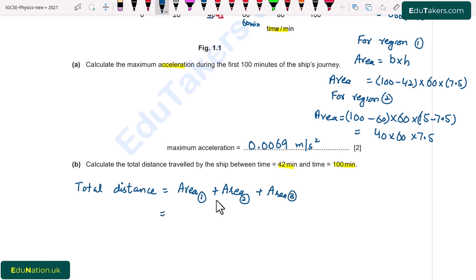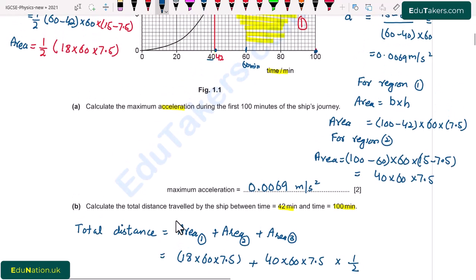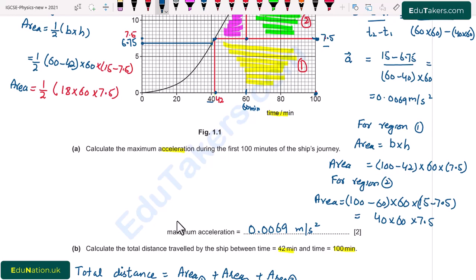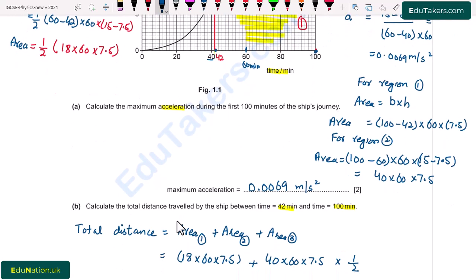So for the first region, area is 100 minus 42, it is 18 multiplied by 60 multiplied by 7.5, plus for region 2, area is 40 multiplied by 60 and 7.5, and for region 3, it is 1 over 2, 18 multiplied by 60 and 7.5.